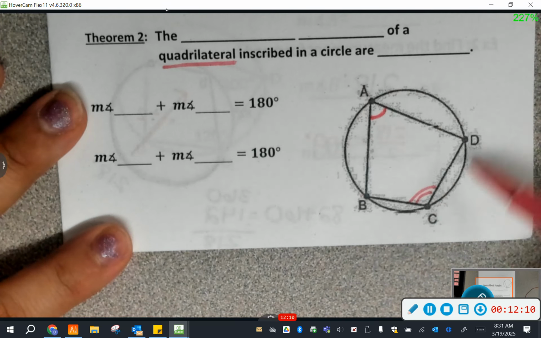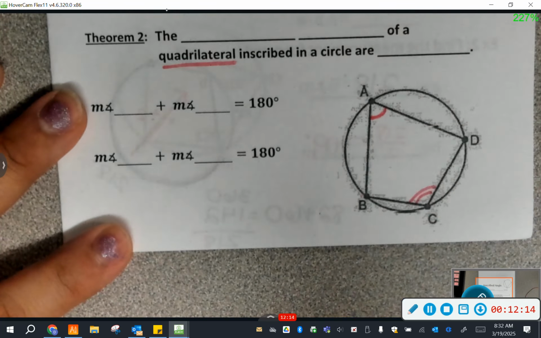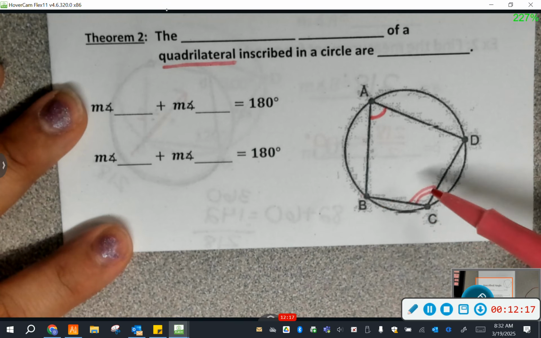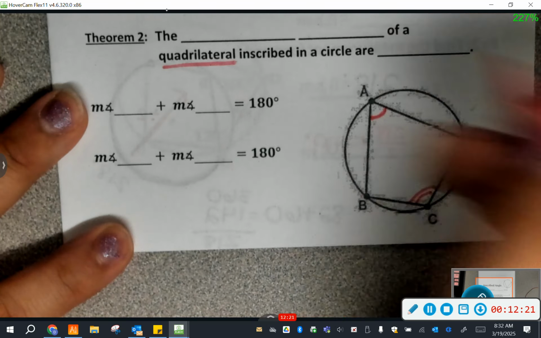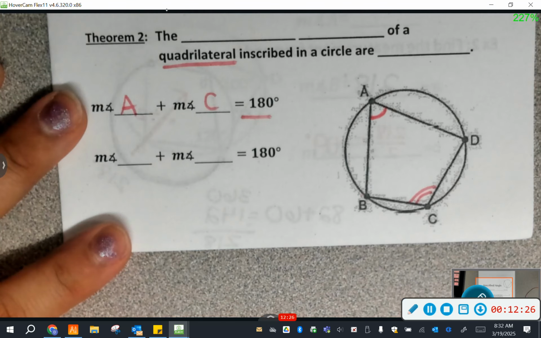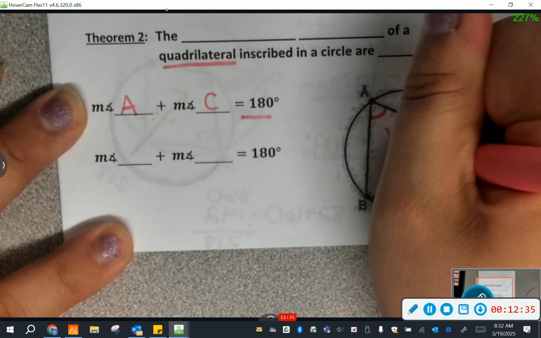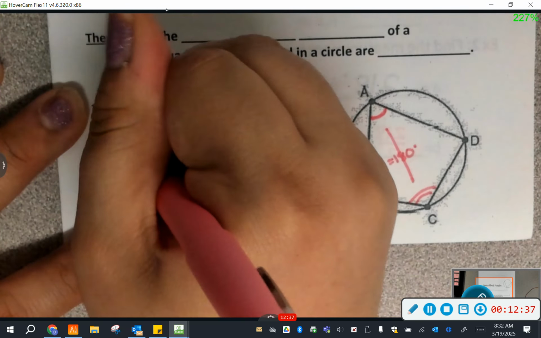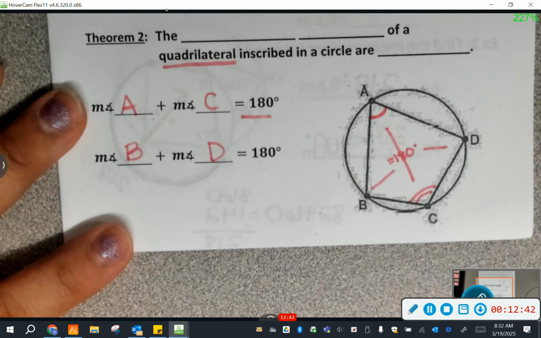Because of that, the arcs make 360 degrees. And if you want the angles, what do you do? Divide by 2. What's half of 360 degrees? 180. Angle A plus angle C equals 180 degrees. The same thing happens, so these two right here equal 180 degrees, and B and D also equal 180 degrees.